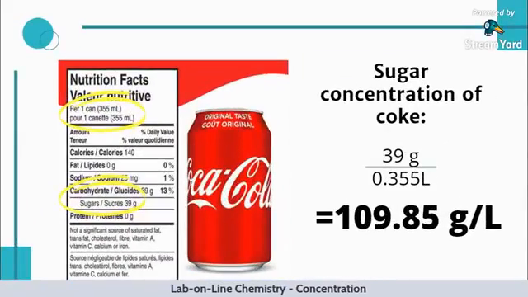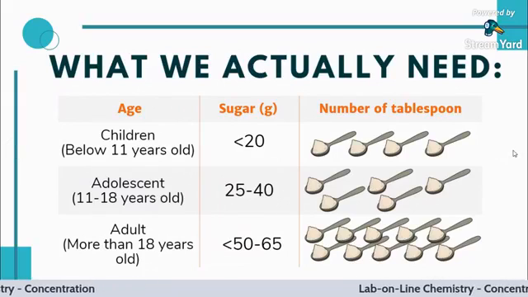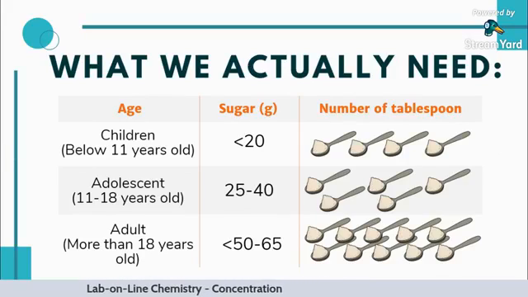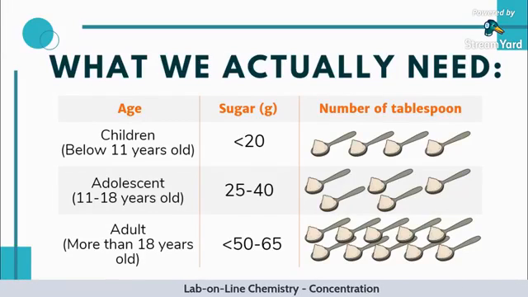According to the Ministry of Health, kids under the age of 11 years old only need 20 grams of sugar for their daily intake. So if we give them Coca-Cola, would it be a good choice? No, because the Coca-Cola actually contains 39 grams.